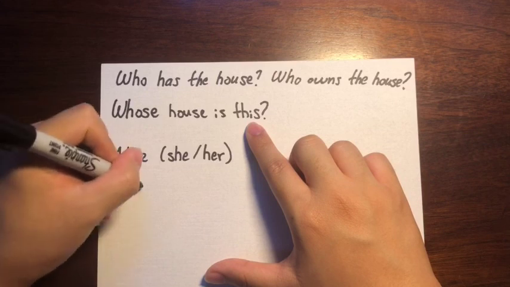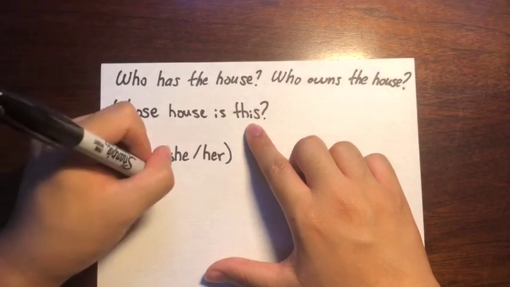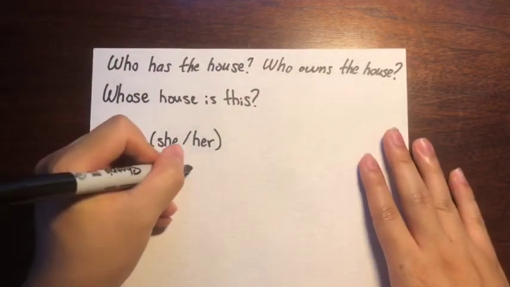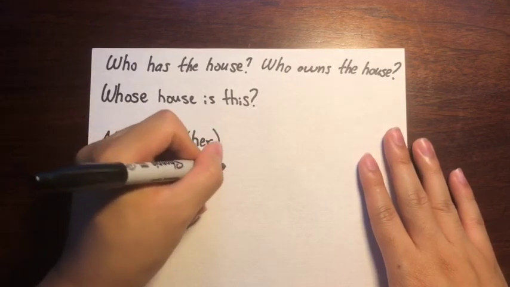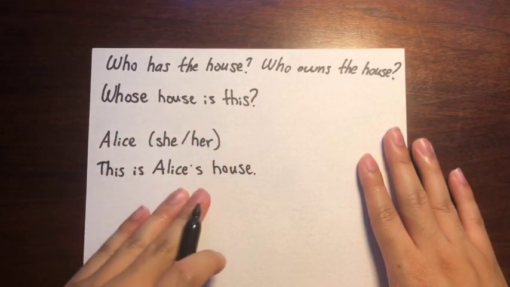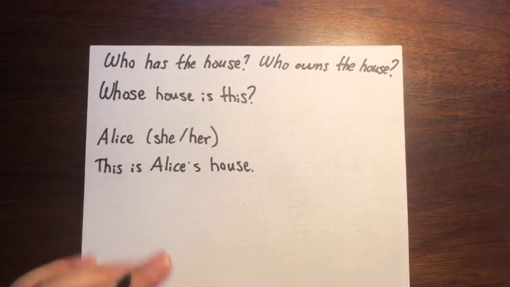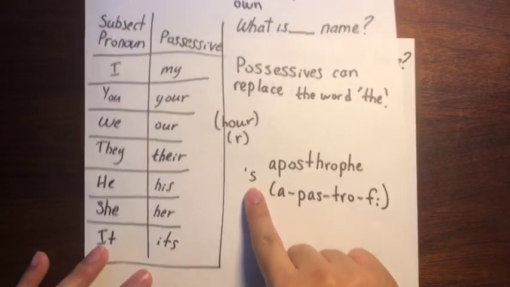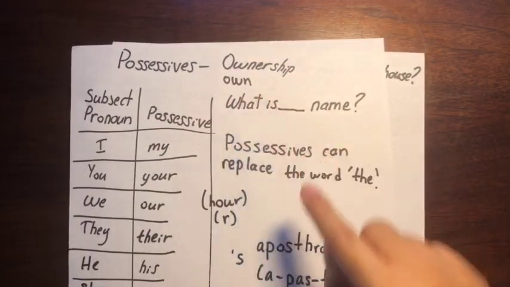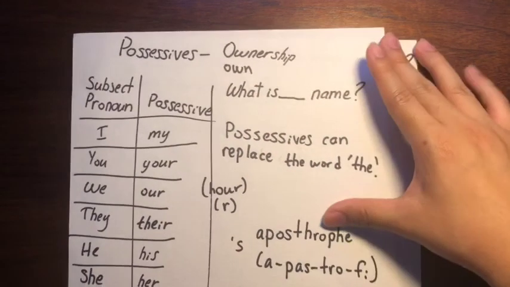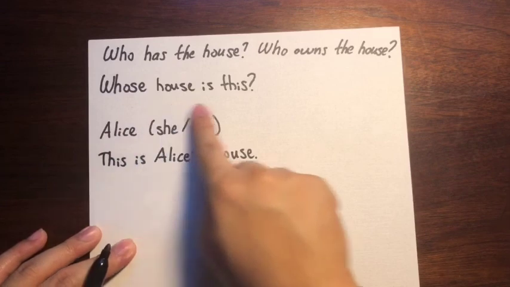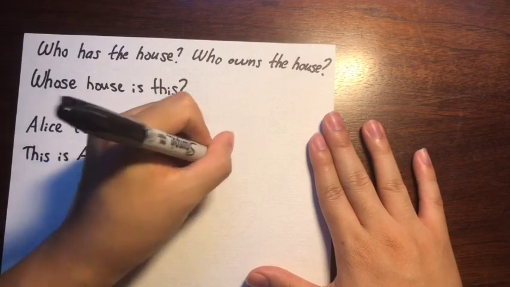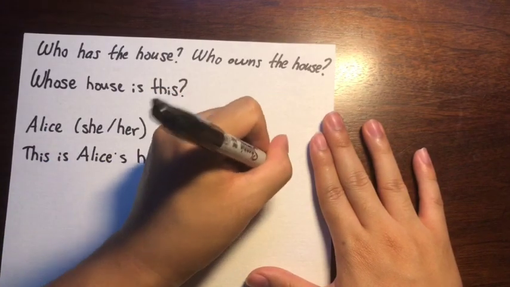This is Alice's house. We are using the apostrophe S. It shows ownership. It means Alice has the house. So, whose house is this? This is Alice's house. This is her house.